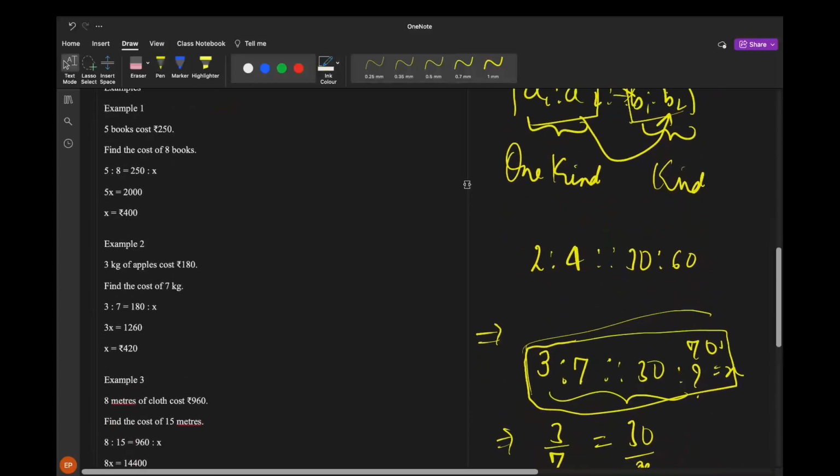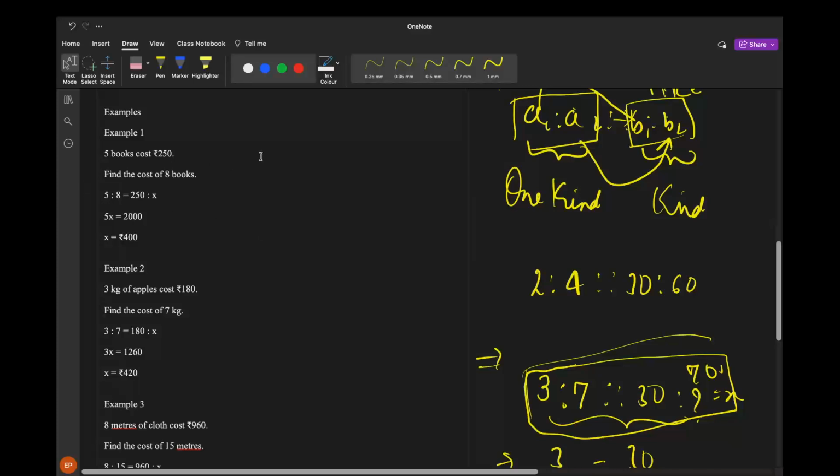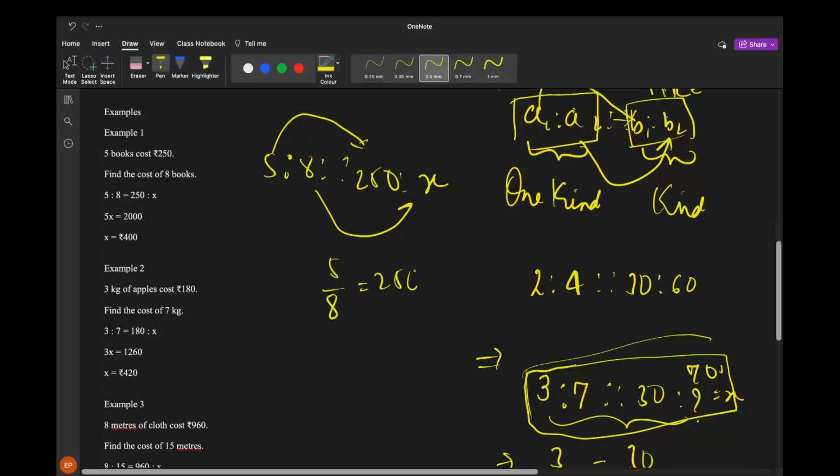Okay, here is an example. 5 books, then 8 books. For 5 books how much? 250. For 8 books, let it be x. Means 5 by 8 equal to 250 by x. You can find the x value, which gives us 400.